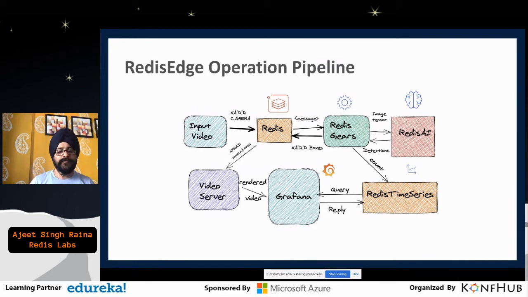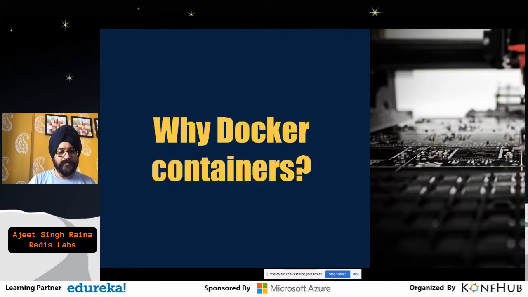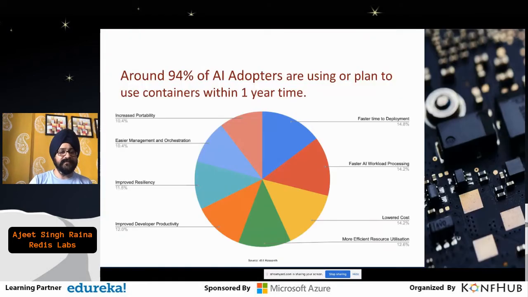And in the demo, I'm going to show you how to implement all of these things. We talked about everything; the only thing pending is why Docker containers. The reason is a recent report from 451 Research, a survey around AI and containers.